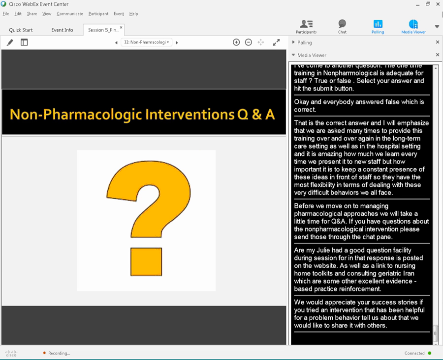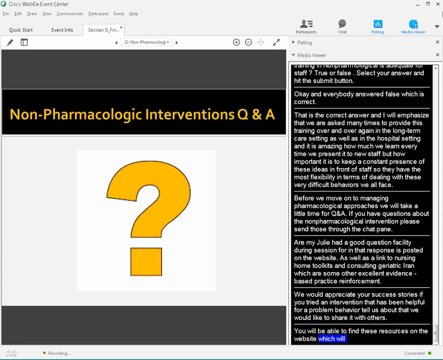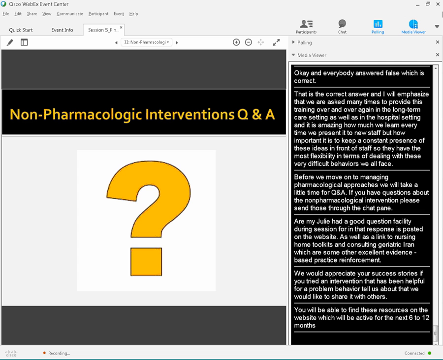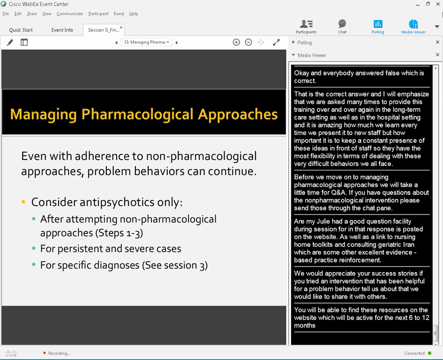And you'll be able to find, like I said, all these resources on our website, which will be active for the next 6 to 12 months. Okay. No questions? We'll go on to managing pharmacological approaches.